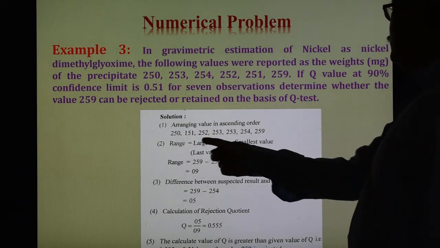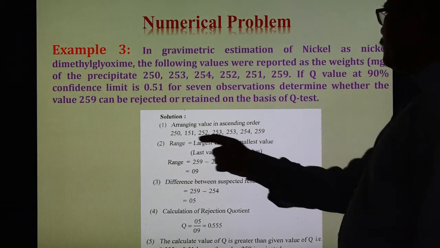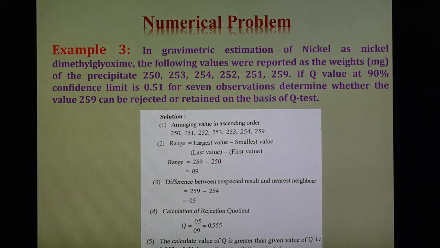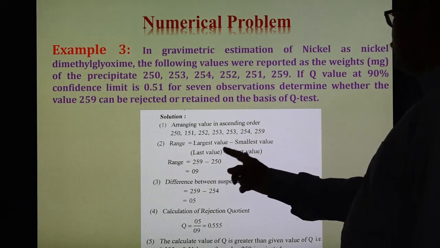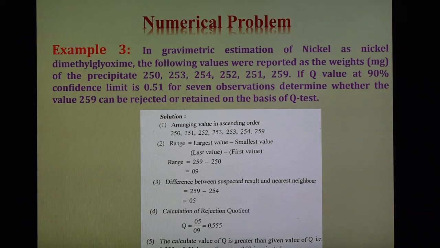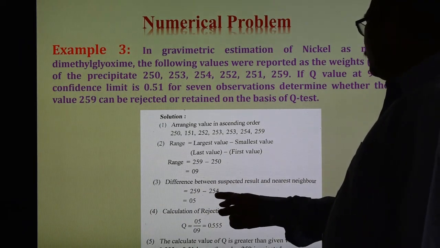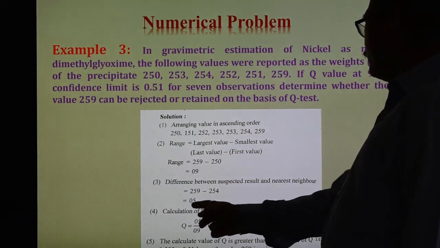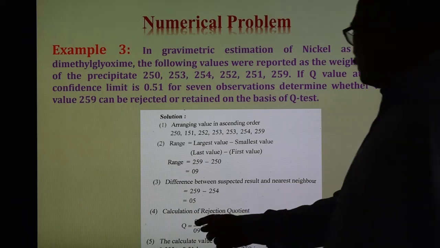So these are the values, and now after arranging the 7 values in ascending order, find out the range. Largest value 259 and smallest 250, so 9. Find the difference: the doubtful value 259 and the suspect's nearest neighbor 254, 5. Calculate the Q value, calculated as difference upon range.